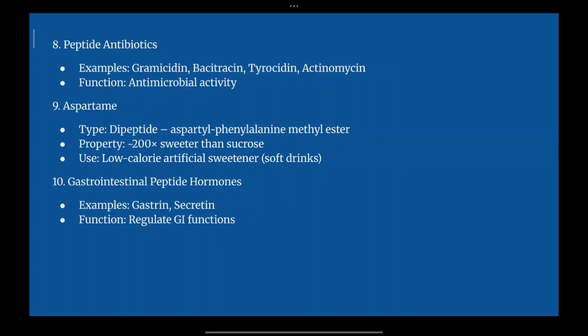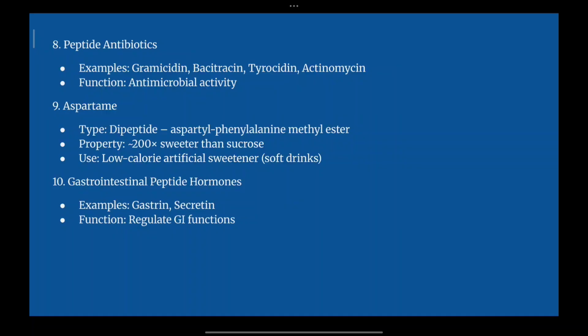Aspartame is a dipeptide which consists of aspartyl and phenylalanine connected to each other by methyl ester. Now the property here, the aspartame is approximately 200 times sweeter than the actual sucrose, the natural sweetener that is obtained. So this can be used as a low calorie artificial sweetener in soft drinks.